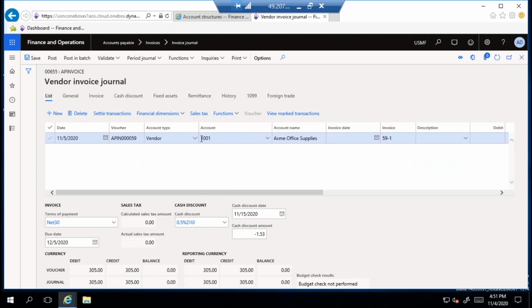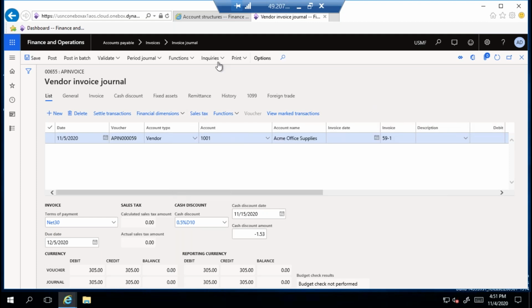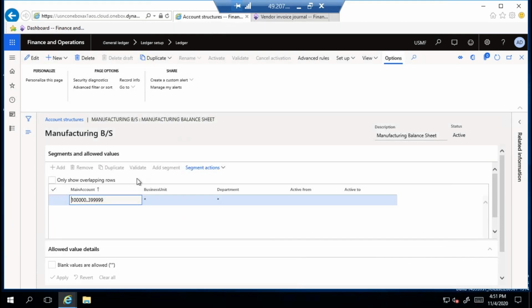For this vendor account I have mapped dimensions, because the system is verifying for this account but not for that account, because the two accounts are in two different structures. This is one structure, and that is another one.